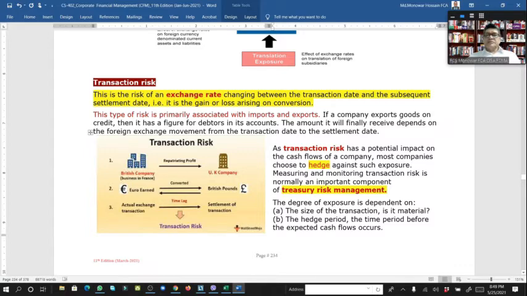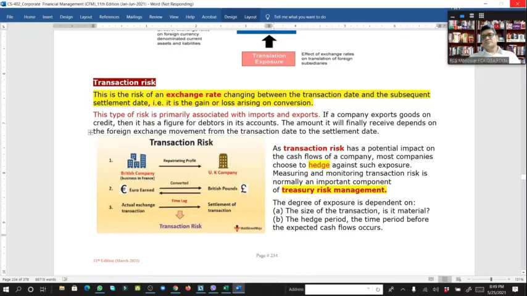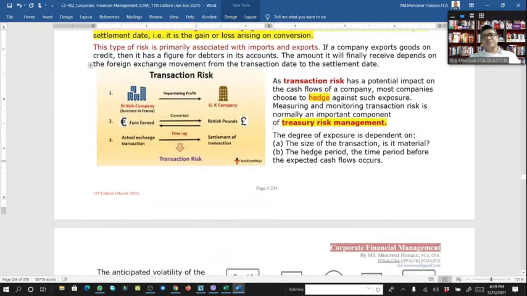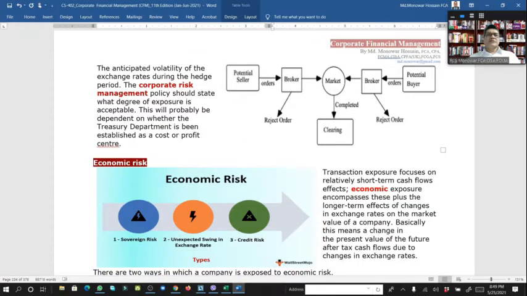The degree of exposure depends on the size of the transaction and its materiality, the hedge period or time period before the expected cash flow occurs, the anticipated volatility of the exchange rate during the hedge period, and the corporate risk management policy should state the degree of exposure acceptability.